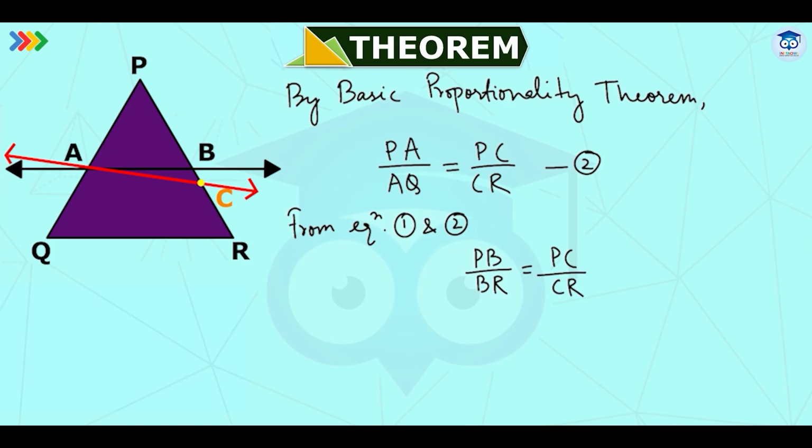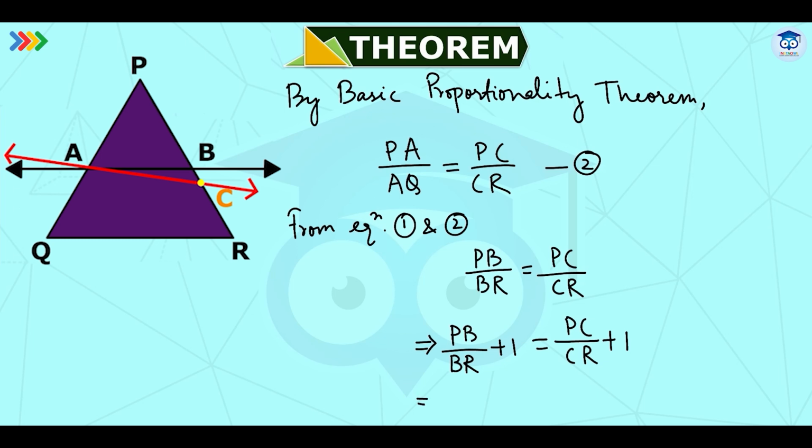Now let's add 1 to it: PB upon BR plus 1 and PC upon CR plus 1. We know that if equals are added to equals, the answers are equal.